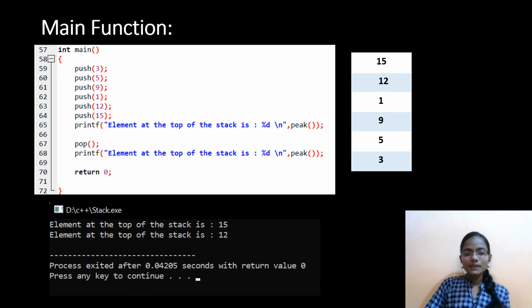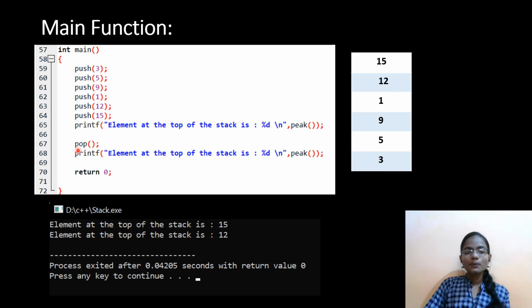Now we are going to print the element which is at the top. See, the element which is pushed last, that is 15, is going to be the topmost value as we see here.